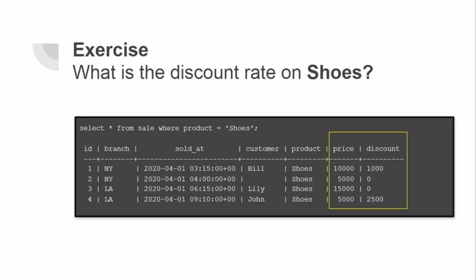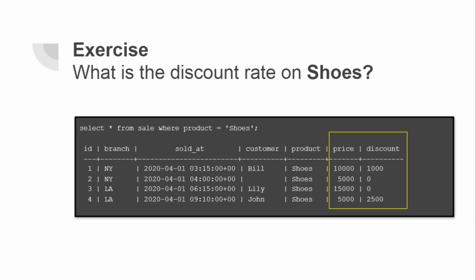So back to the exercise. We want to find the discount rate for each sale of shoes. For example, in the first sale that we've seen before, the discount is $10 and the price is 100. So we want to get 10%, right? So take 1 minute and try to write a query that will add a discount rate field with the calculated discount rate for each sale of shoes.